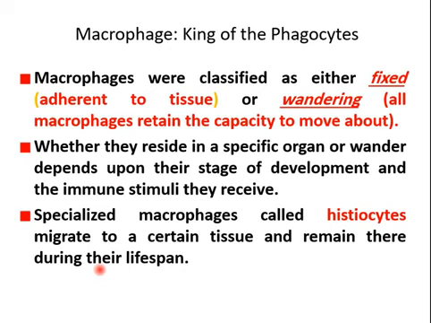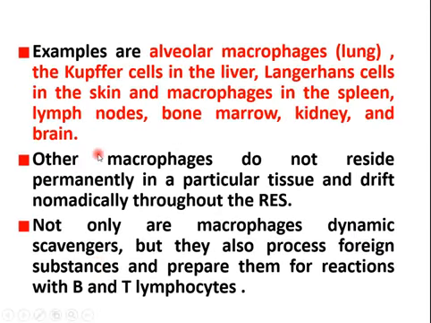The specialized macrophage, we call it a histiocyte. These cells migrate to a certain tissue and remain there during their lifespan. The names of macrophages change according to the site or tissue.